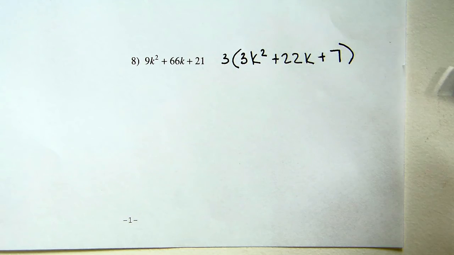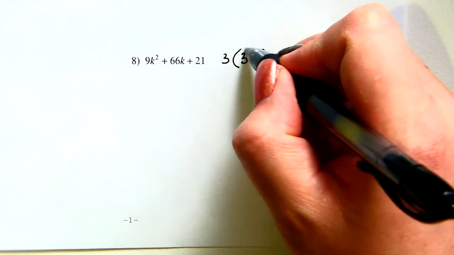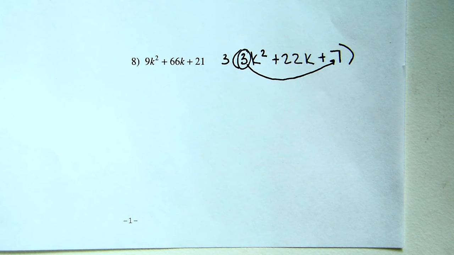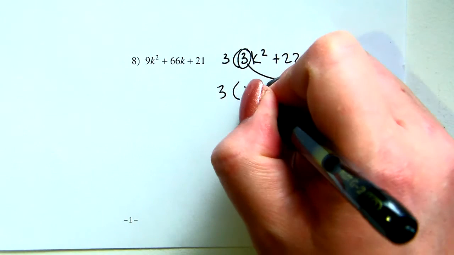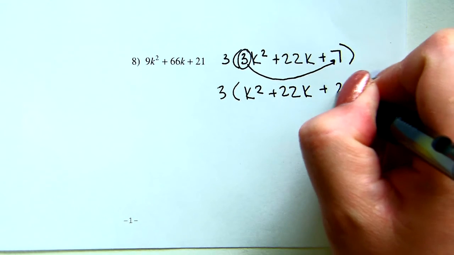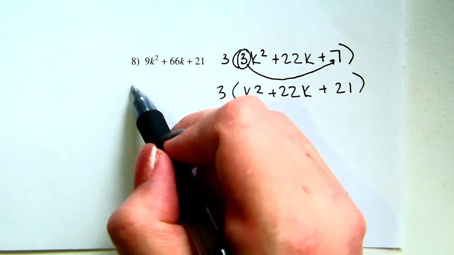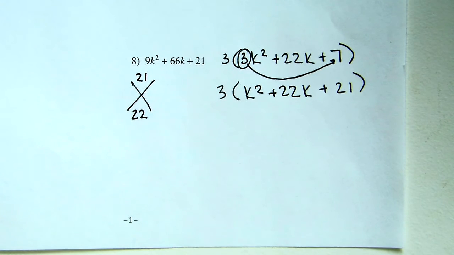Now I'm going to go through the same steps as before. I'm going to slide, I'm going to factor, I'm going to divide, and I'm going to bottoms up. So I'm going to slide the 3 that's inside my parentheses and attached to my k squared over with my 7. So I have 3 parentheses k squared plus 22k plus 21. Now the numbers that can multiply together to give us 21, but add together to give us 22, that's a lot easier.